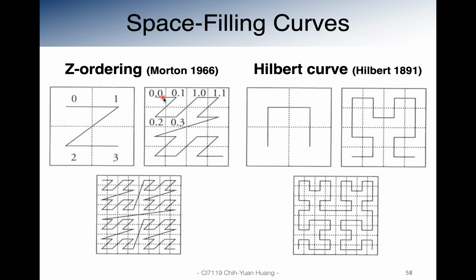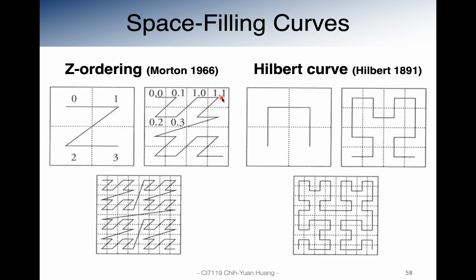When we go from 0 3, the next one is 1 0. So the distance from 0 3 to this node, 1 2, in the one-dimensional order, although they are side by side in the two-dimensional grid, is 0 3 to 1 0 to 1 1, then finally to 1 2. So in between 0 3 and 1 2 there are two other nodes.